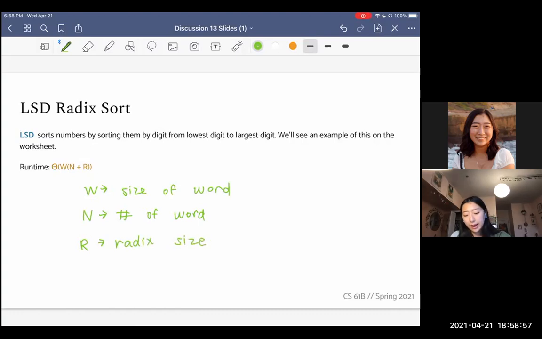And so here, if I was doing it with strings and I had cat, dog, can, as my example, W would be 3 because all of my words are 3 letters. N is also 3 because I have 3 items in the list. And R is 26 because I'm using the English alphabet. So that's LSD radix sort.